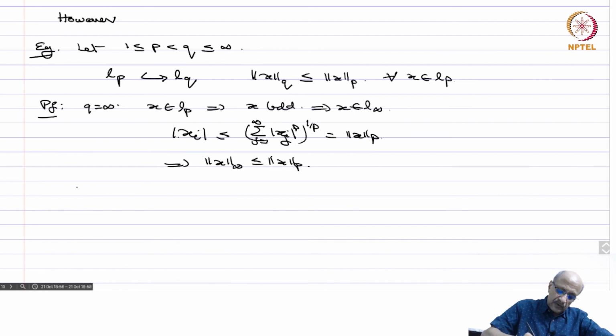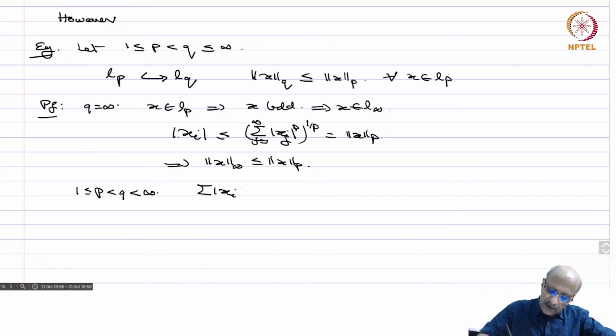So now let us assume 1 less than or equal to p, strictly less than q, less than infinity. Again x in lp, so sigma mod xi power p is convergent, so this means that xi goes to 0.